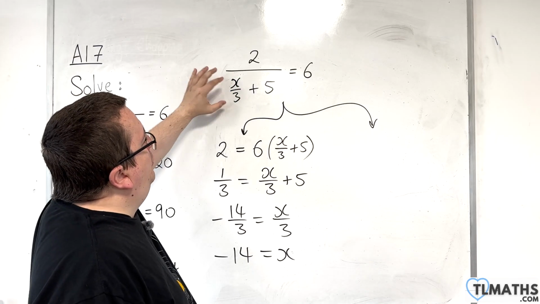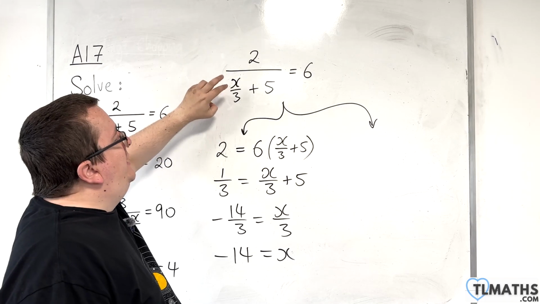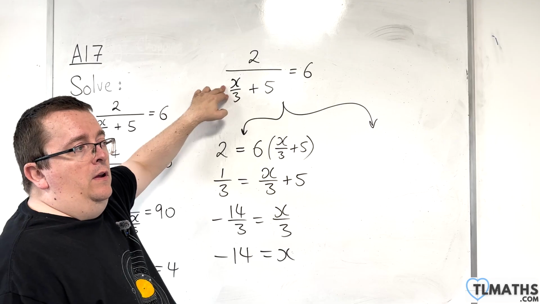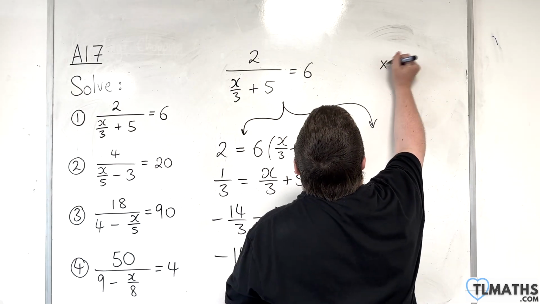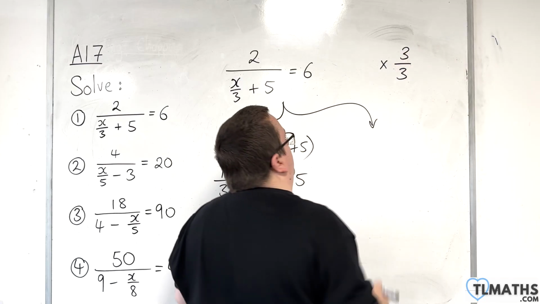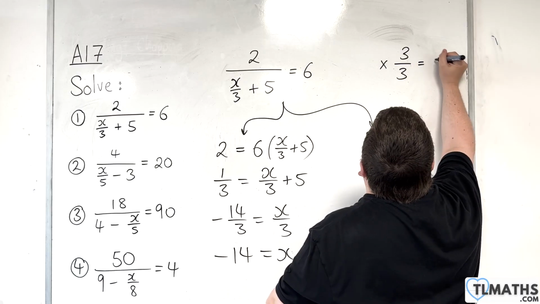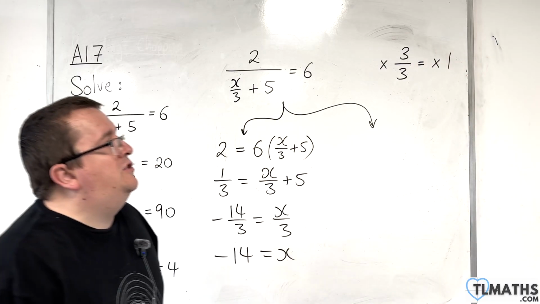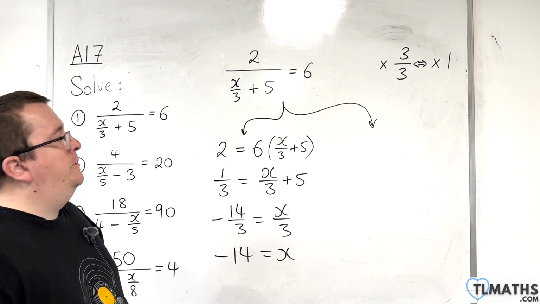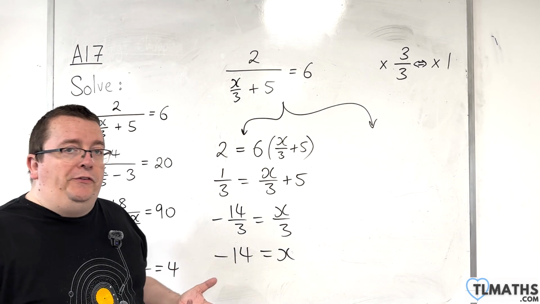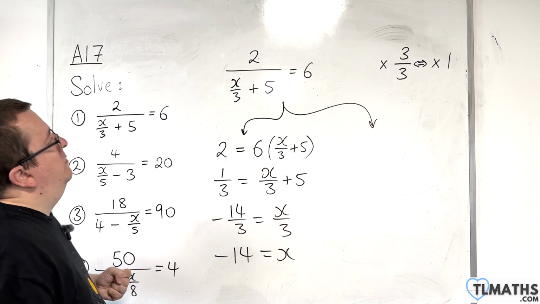So if you were to multiply top and bottom of this fraction by 3, that would get rid of this fraction. Now, you could do that because if you multiply something top and bottom by the same amount, by 3, then you're essentially just multiplying by 1, right? These 2 things mean the same.